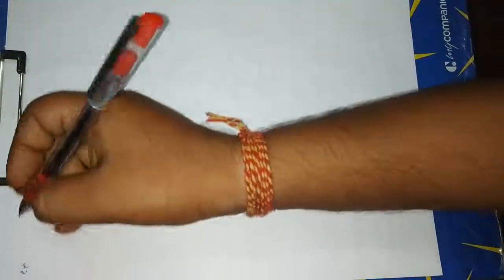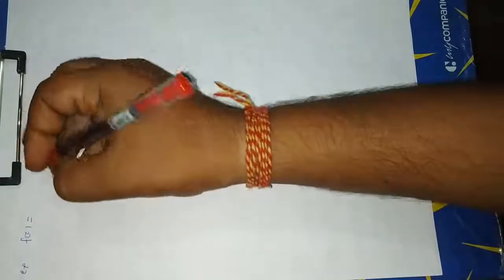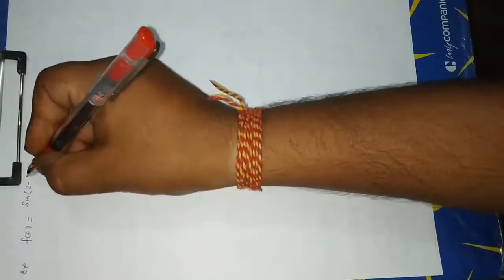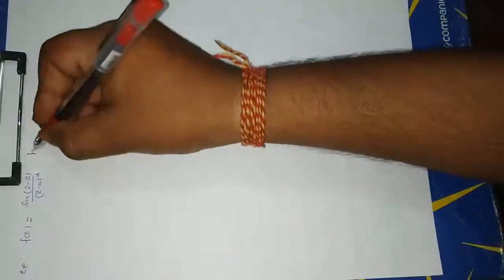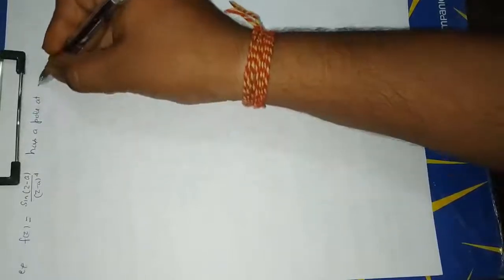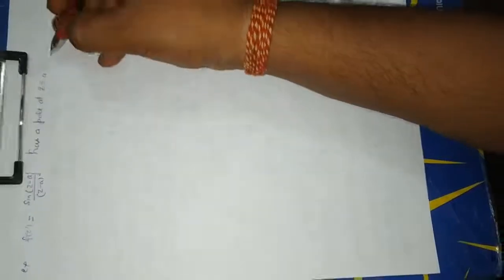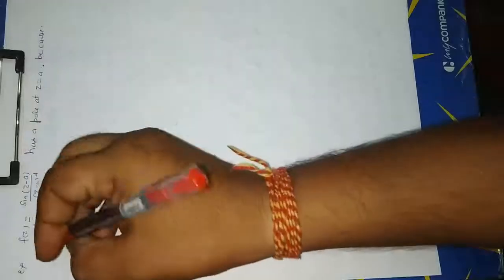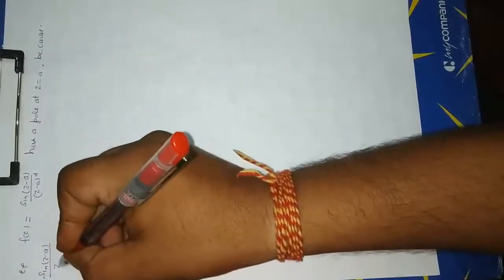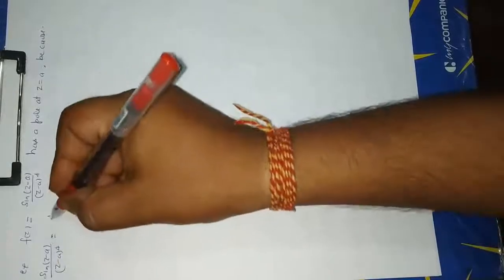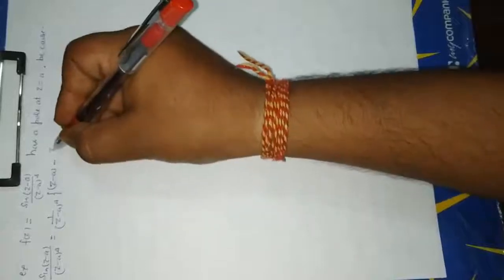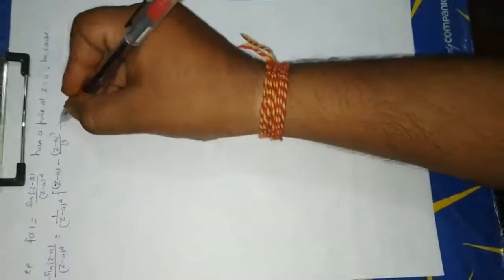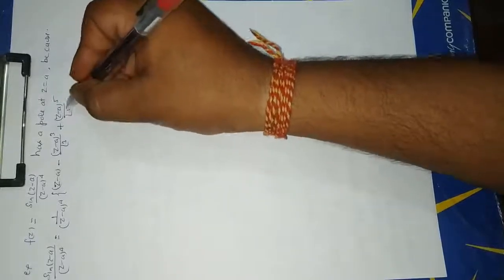Okay? Now example. f(z) equal to sin(z minus a) upon (z minus a) whole power 4 has a pole at z equal to a, because sin(z minus a) upon (z minus a) whole power 4 is equal to 1 upon (z minus a) whole power 4 times the expansion (z minus a) minus (z minus a) whole cube upon factorial 3 plus (z minus a) whole power 5 upon factorial 5 minus up to infinity.